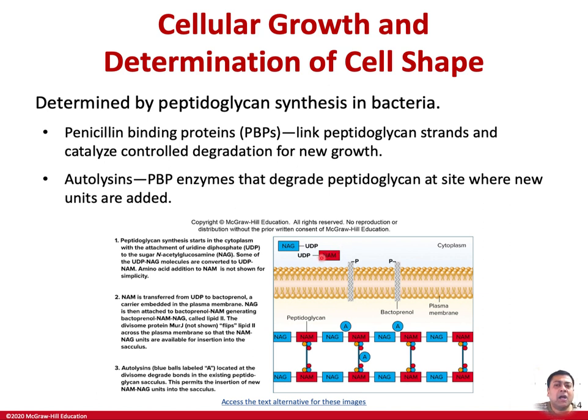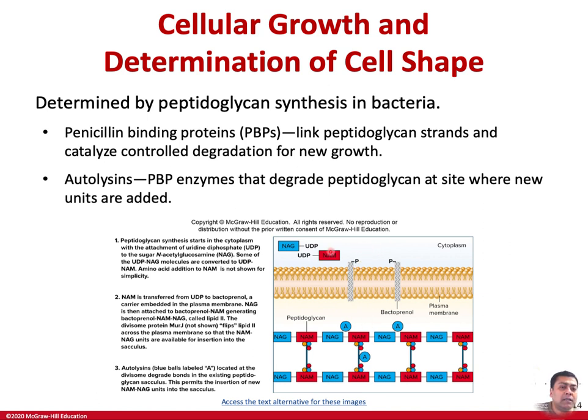And then these get attached to bactoprenol, which is a membrane spanning lipid. Once the NAG or NAM is attached to them, they are going to flip. What that means is this end becomes this end. This is an energy requiring process and will need input of energy.